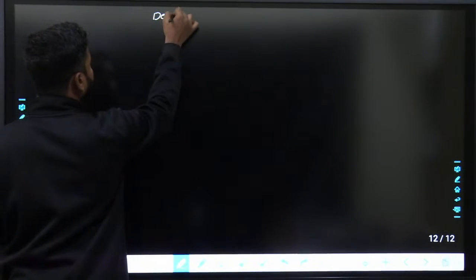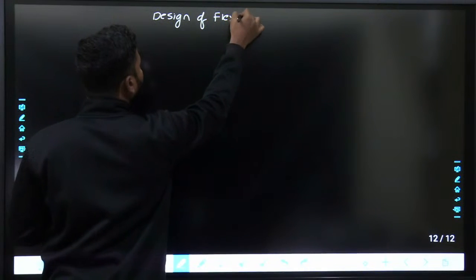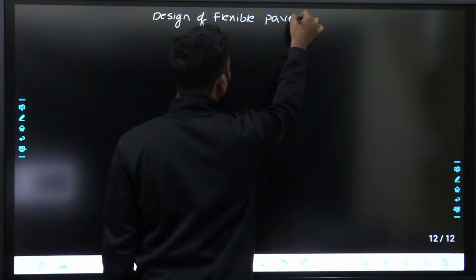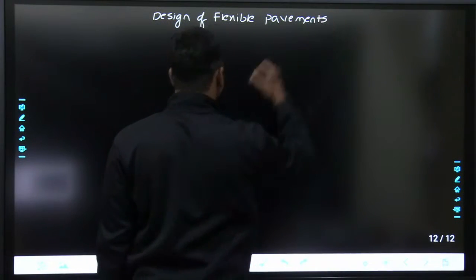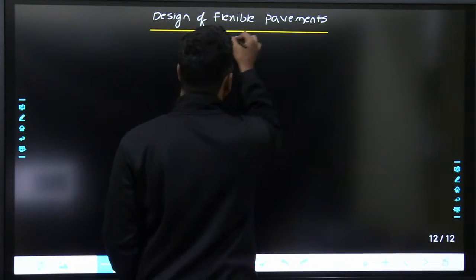Fine. Next one is design of flexible pavements. In design of flexible pavements, what exactly? There are different methods.